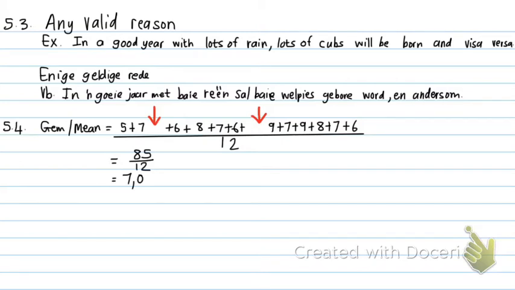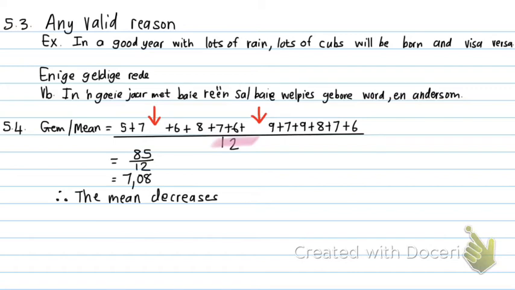Then I divided it by 12 because there are 2 fewer data points. I get 85 divided by 12 gives me 7,08. We had 7,23. So they ask us what effect does it have. The mean decreases. It goes lower.